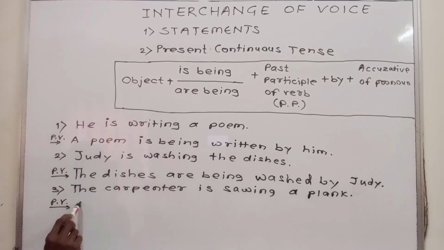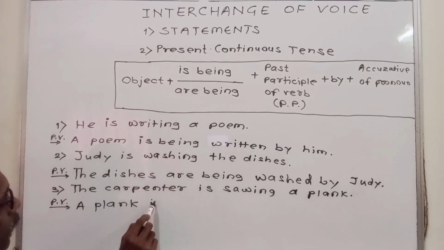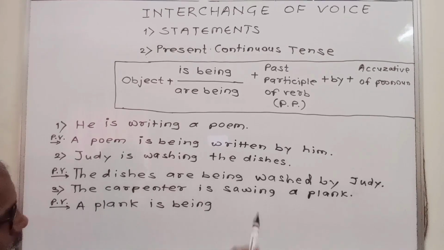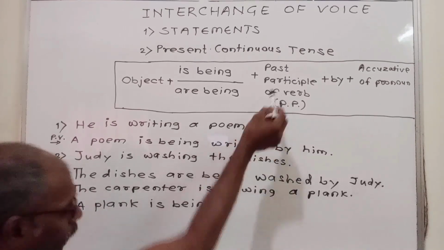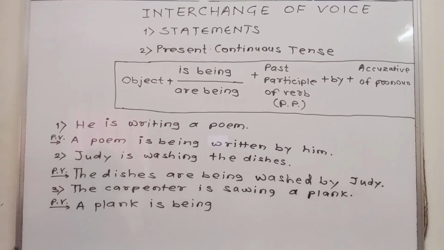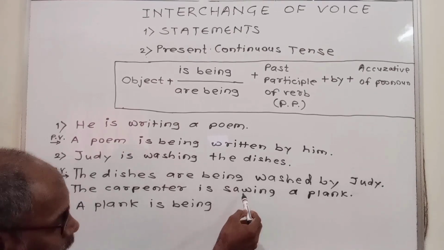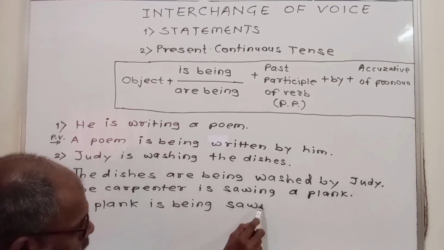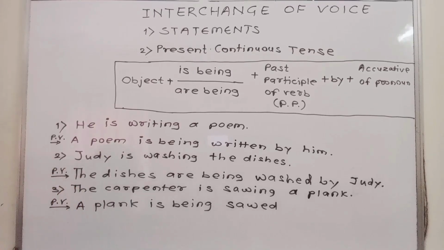Object first: a plank, only one, singular, is being. Then past participle of this verb, saw. What is saw?